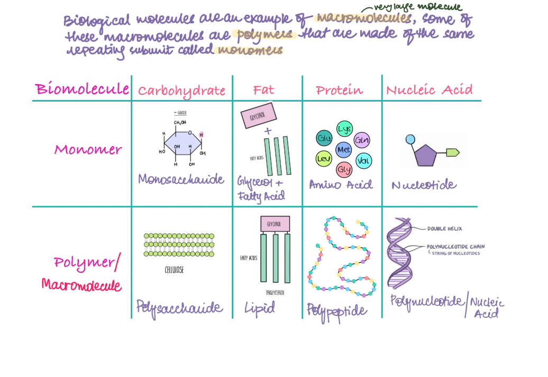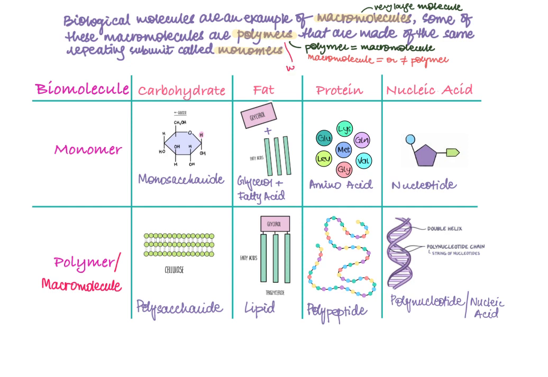And here's the confusing bit. Every polymer is a macromolecule, but not every macromolecule is a polymer. I said some of these biological molecules are polymers. So that means all of these biological molecules are macromolecules, but only some of them are polymers, whereas others are not.